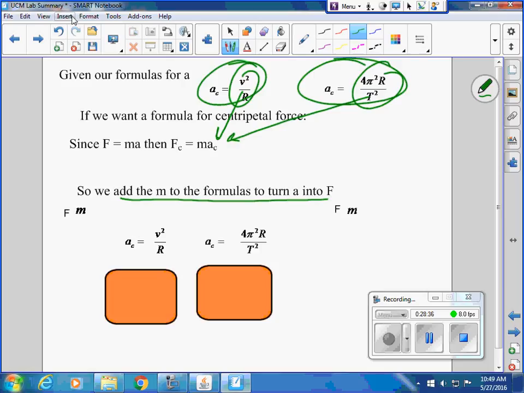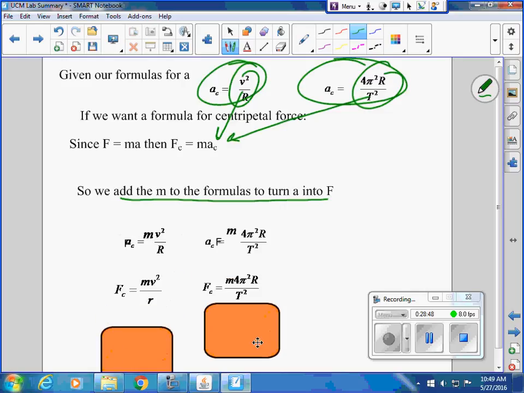If you want it to be force, you just put an m in there. And so you get Fc is equal to mv squared over r, and the big daddy, Fc is m 4 pi squared r over T squared.